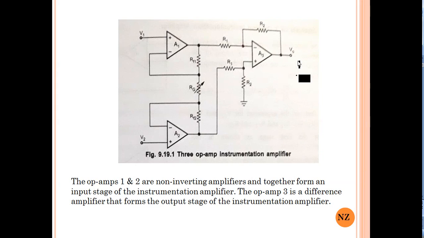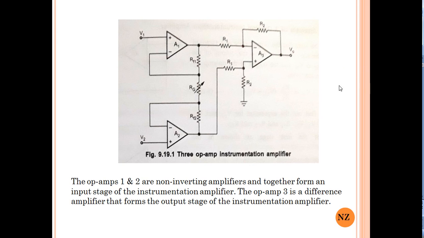As you can see in this figure, the output V0 can be written as V0 equal to the gain of this particular amplifier, that is nothing but R2 divided by R1, into the difference voltage, that is the input value, V02 minus V01.